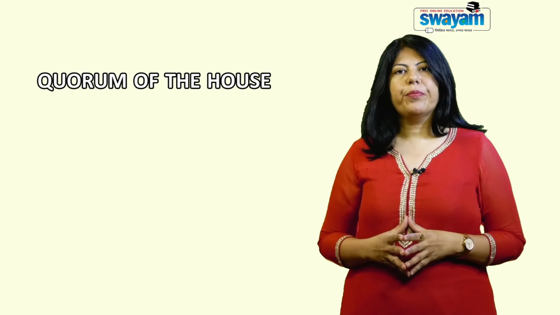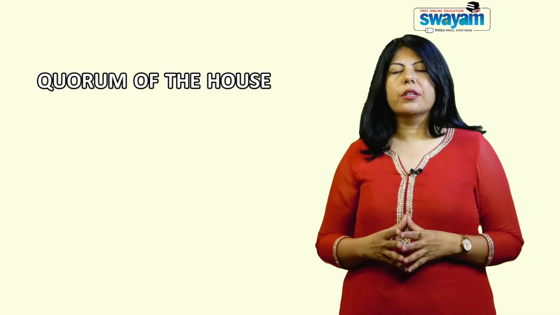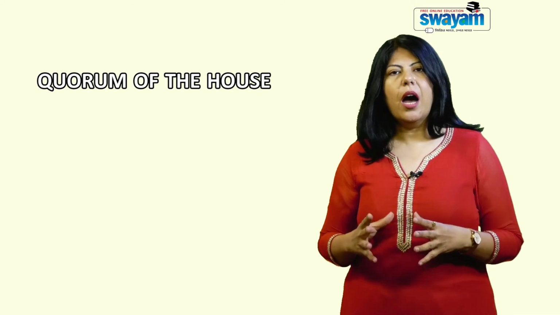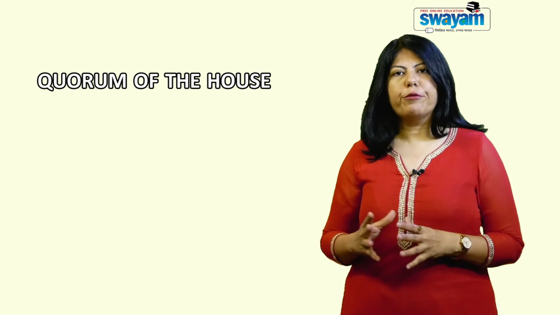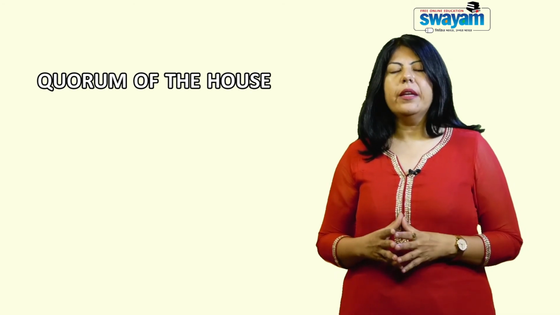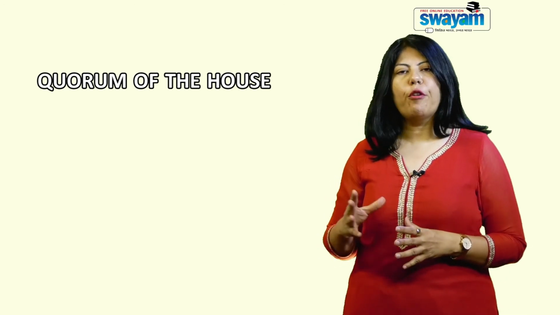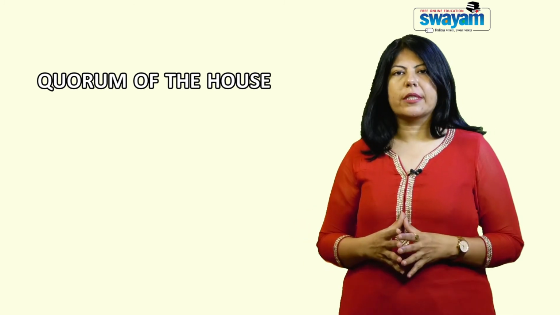Now, the quorum of the House. Generally, all the questions are decided in the House by the majority of the votes of the members present and voting. Generally, the Speaker or the Chairman shall not vote, but they exercise their right of casting vote in case of equality of votes.